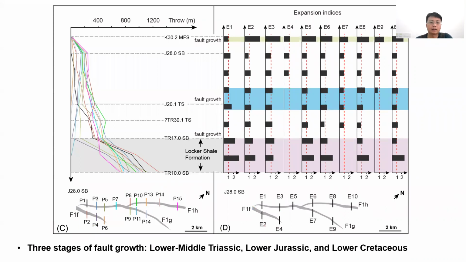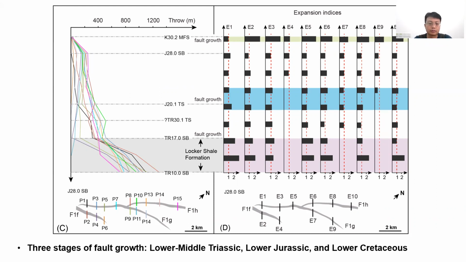Now we analyze the expansion indexes to show the episodes of fault growth in this particular area. We actually show that F1 and its subordinate splays have three stages of fault activation.